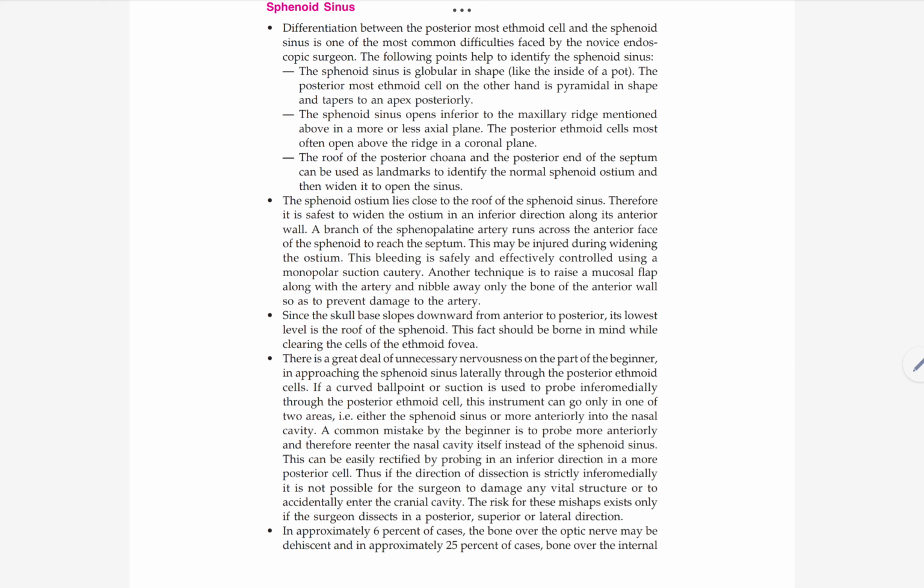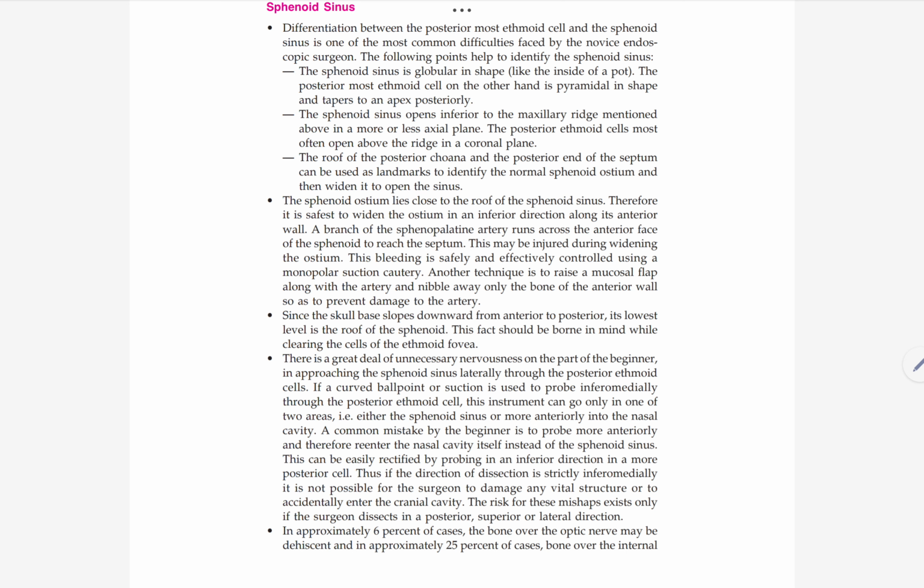A more common mistake by a beginner is to probe more anteriorly and therefore re-enter the nasal cavity itself instead of the sphenoid sinus. This can be easily rectified by probing in an inferior direction in a more posterior cell.